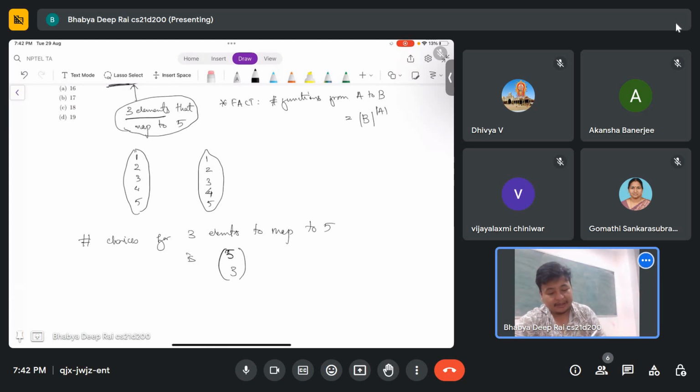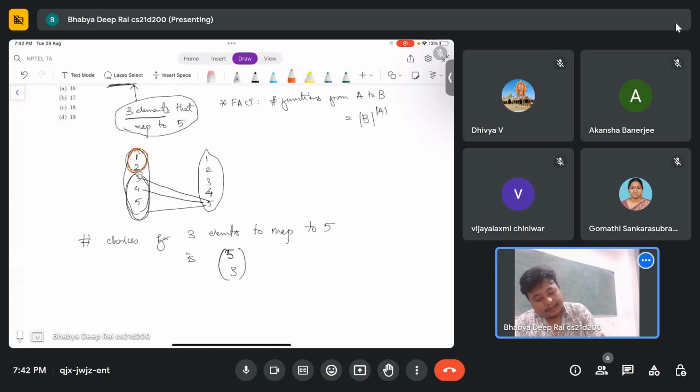Right. Now let's say I chose 3 elements. Now I still need to map the remaining 2 elements, 1 and 2, and these 3 elements got mapped to 5. This 1, 2 is left. I need to map them because this is a function.